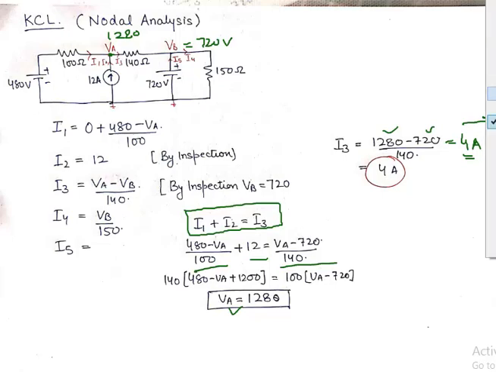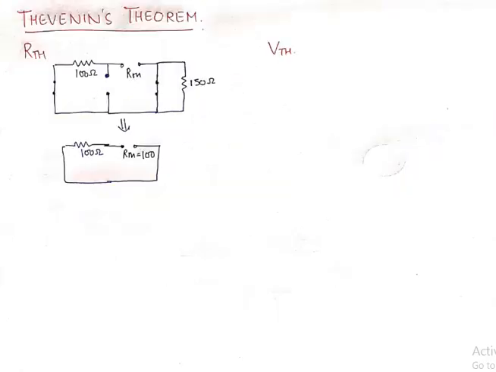And let's get to the next theorem, which is the Thevenin's theorem. In Thevenin's theorem, a little bit of introduction. We find out the Thevenin's equivalent resistance. We find out the Thevenin's equivalent voltage. Thevenin's equivalent resistance is found by opening the terminals where the load is connected and removing all the sources.